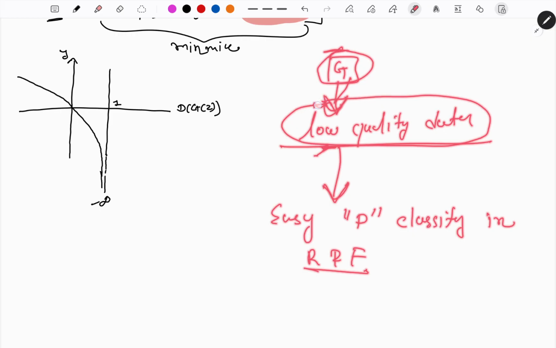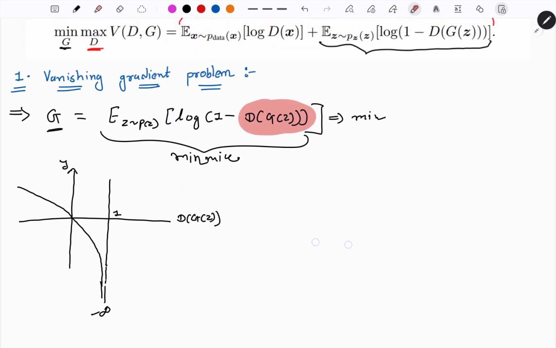If anyone looks at it, they can easily say that this is fake data. So if anyone can say that, then the discriminator is also able to classify between real and fake. So initially, this is the probability corresponding to the generated data.